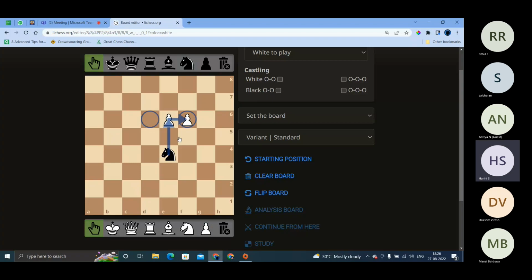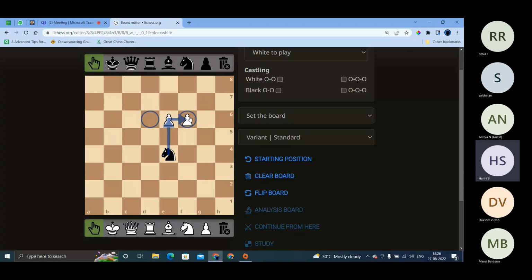For this knight, if there is a piece on f6 or d6, it can capture. Even though there is a pawn here on its way, this is just its way. It cannot do anything about it. The knight cannot capture on the way. It can only capture on the landing square.